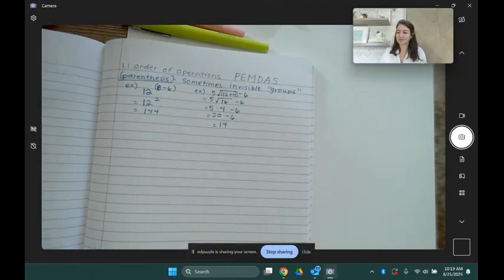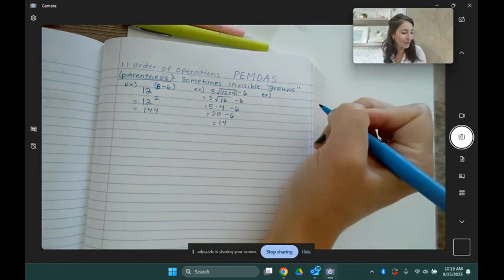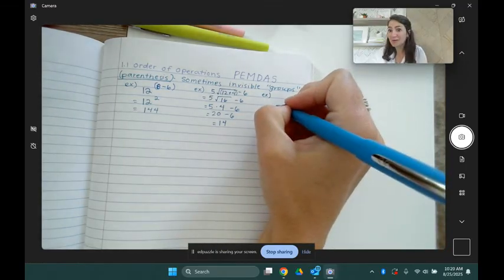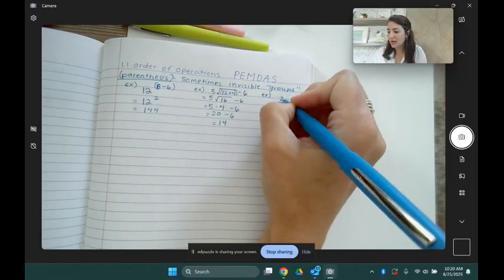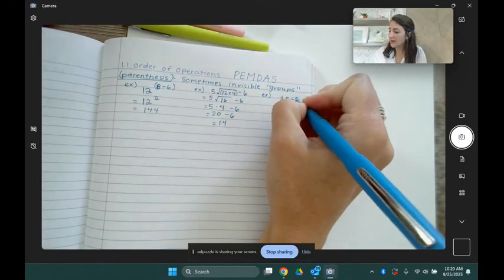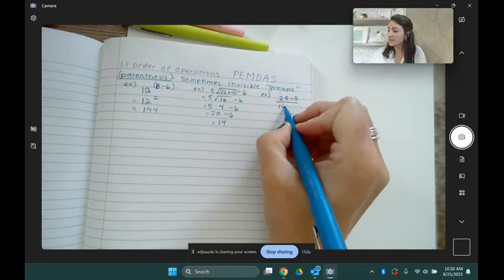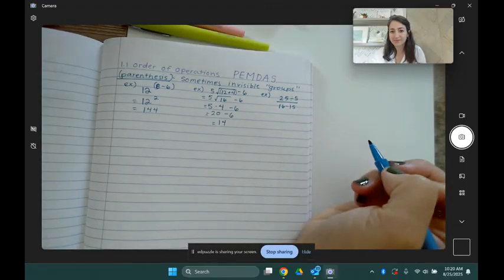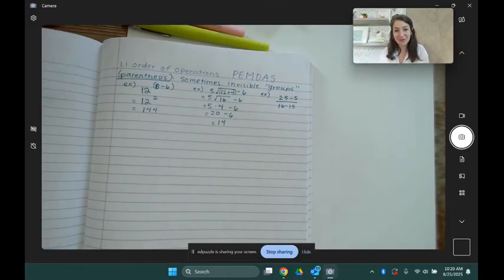And one more little example of an invisible set of parentheses is with a fraction. So let's say I have this fraction, and on top in the numerator, 25 divided by 5, and on the bottom in the denominator, 16 minus 15. I don't see any parentheses here either, but there are really two groups.